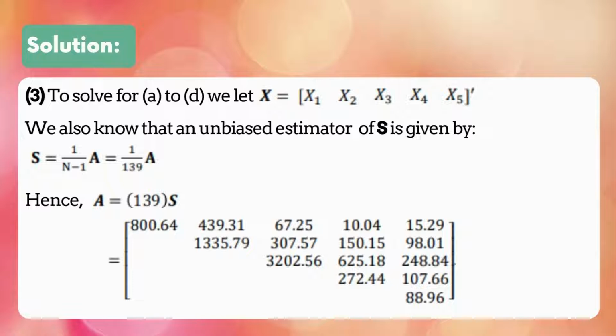We also know that an unbiased estimator of the sample covariance matrix is given by S equal to 1 over n minus 1 multiplied by a matrix A. Since we have a sample of 140, we have 1 over 139 times matrix A. Hence, matrix A is equal to 139 multiplied by the sample covariance matrix S, and this leads to the following results.